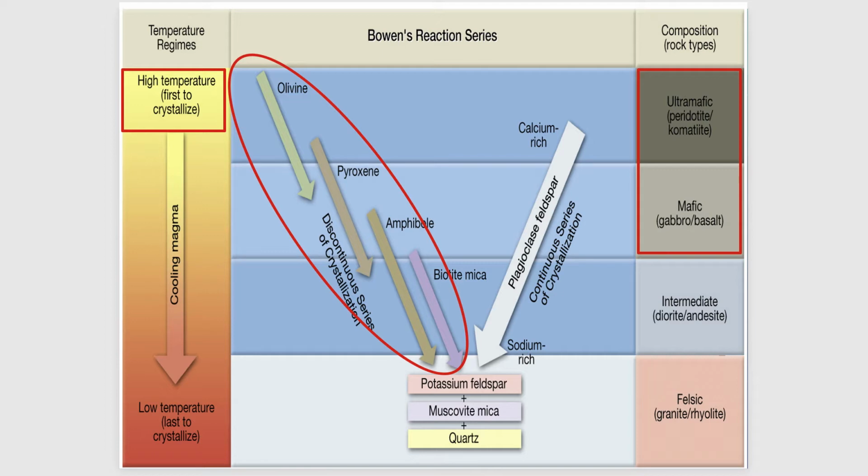So granite will contain quite often, as we have seen, quite a bit of quartz, between 20 and 60% quartz. And then we have potassium feldspar, K feldspar, and muscovite. These are the classical minerals you find.